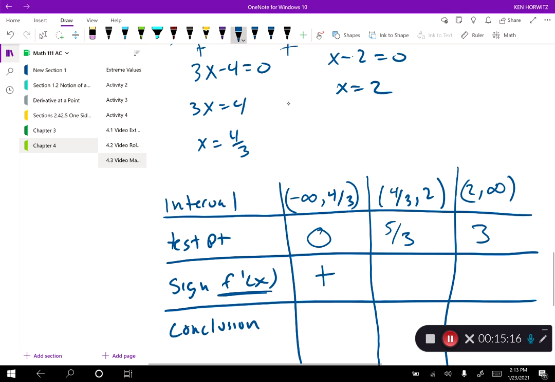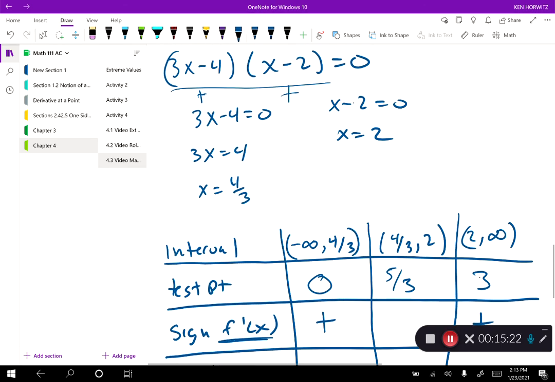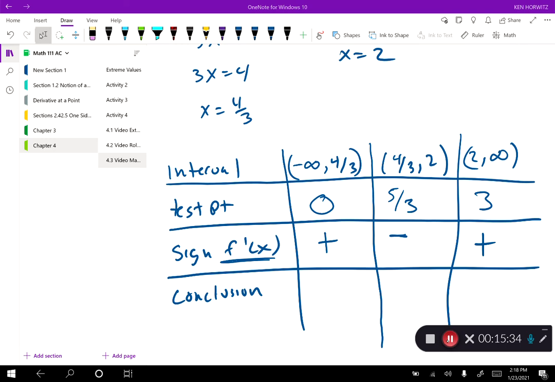Positive times a positive gives you a positive. All right? And hopefully you got the same thing I did. 5/3 is indeed a negative number because 5 minus 4 is negative.